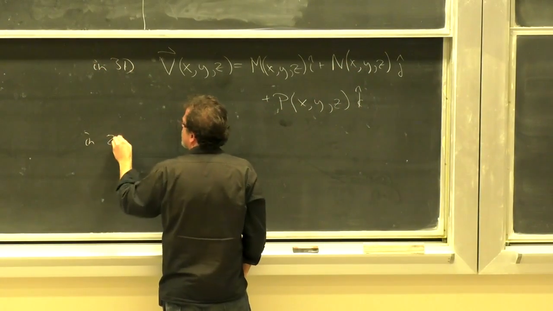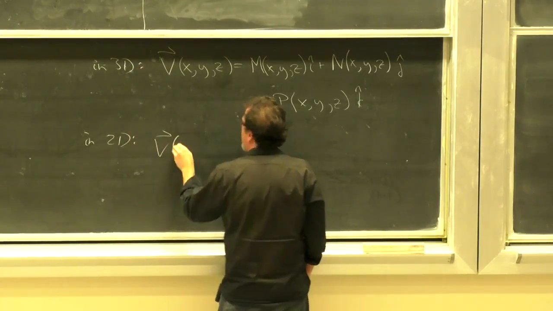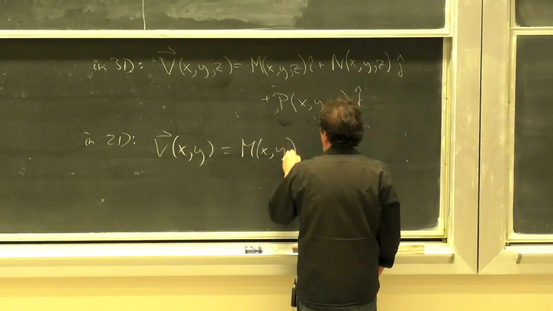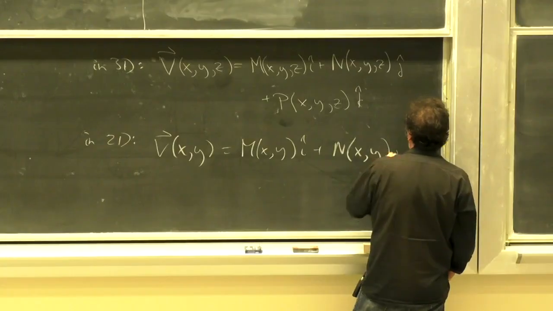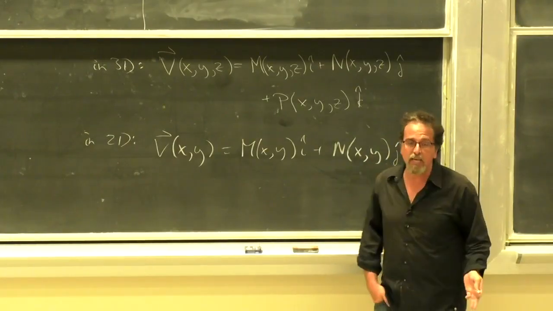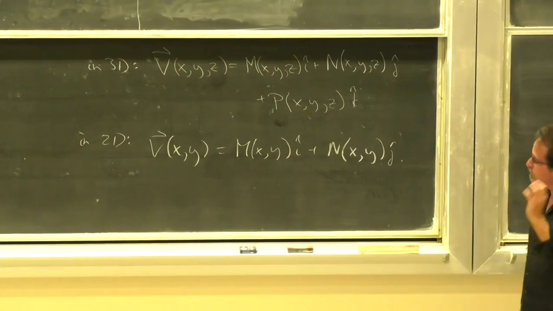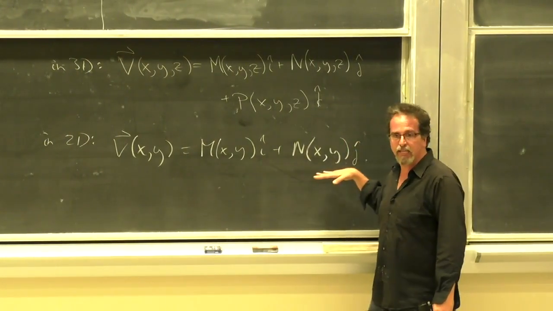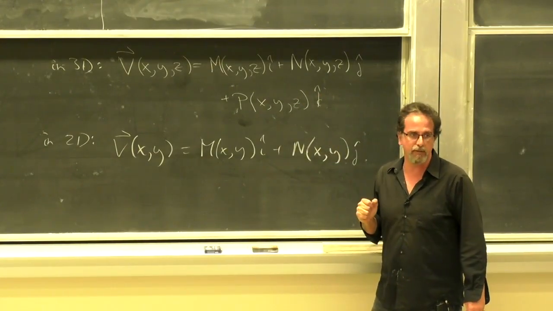In 2D, we would write v vector of x and y equals m of x and y i hat plus n of x and y j hat. I'm using m and p because that's the notation your book uses. M is the x component of a vector, n is the y component of a vector, and p is the z component of a vector.